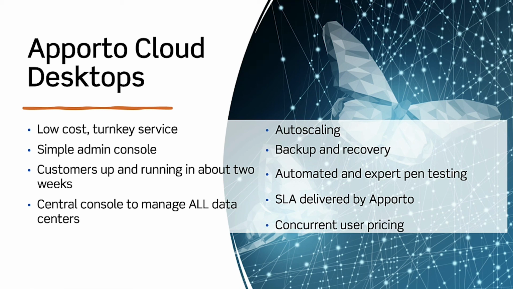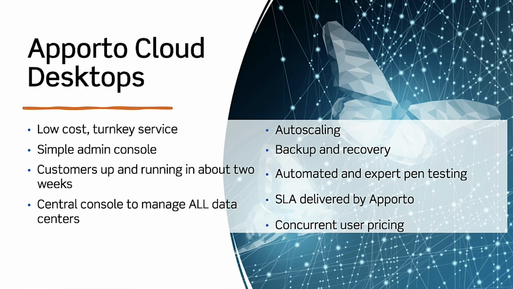We got started in the higher education. As you probably know, higher education is very price sensitive, and we are able to deliver the service at very low cost on a concurrent user basis. One of the things that's preventing existing VDI customers from moving to the cloud of those VDI vendors is that if you're using something like Citrix or VMware, you're probably paying on a concurrent user basis.